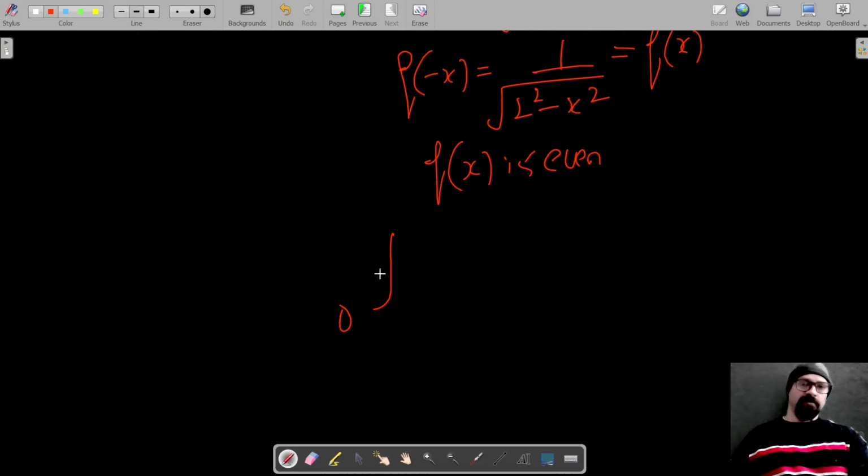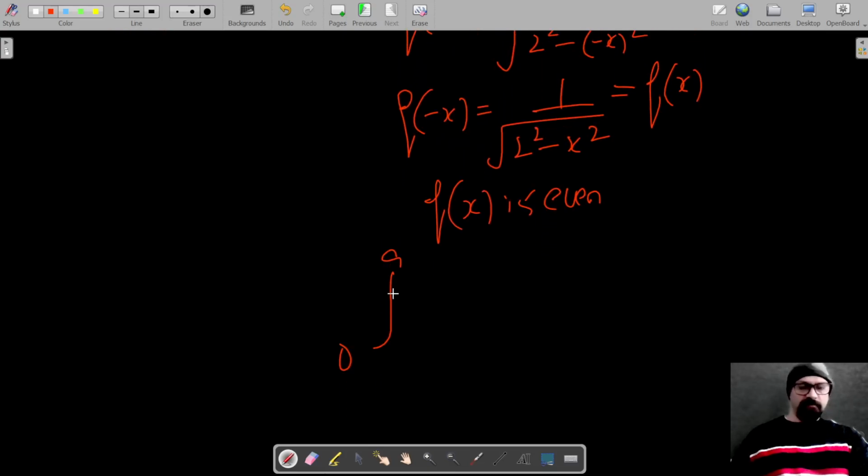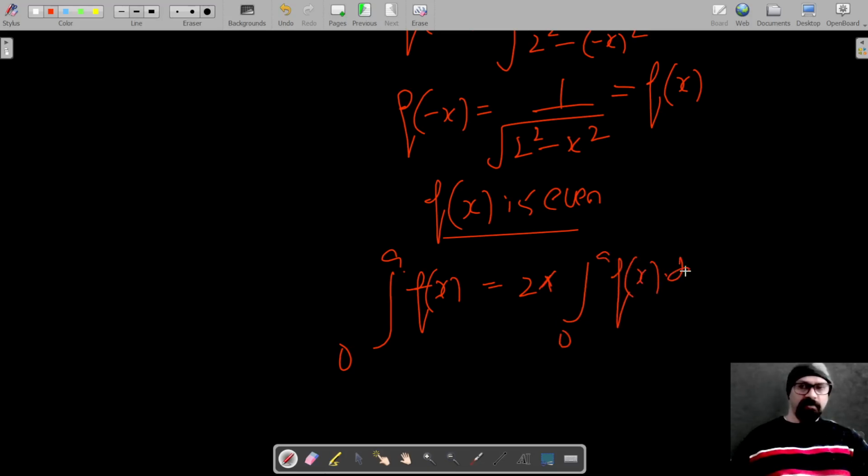And when the function is even, the integral from 0 to a of f of x can be written as 2 into the integration of 0 to a f of x dx, and this property is for -a to a.